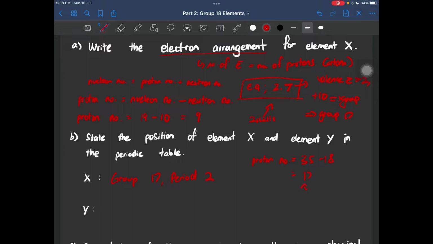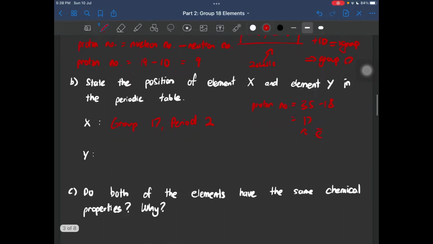So this is also the number of electrons for element Y, and the electron arrangement for Y is going to be 2, 8, 7. Since the valence electron is also 7, it's also in group 17, and it has 3 shells that are occupied by electrons. Therefore, it is in period 3.